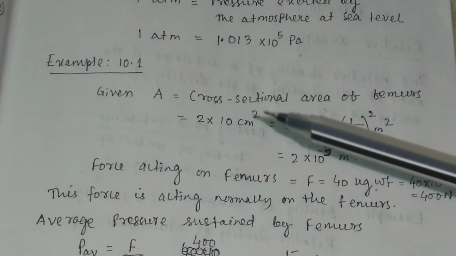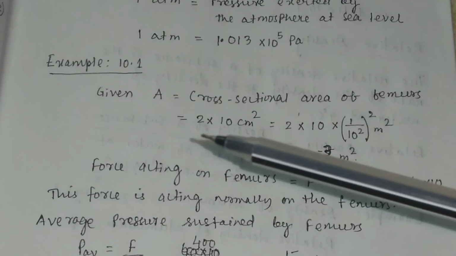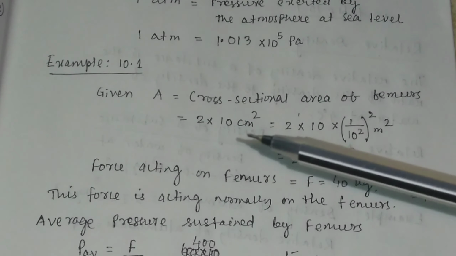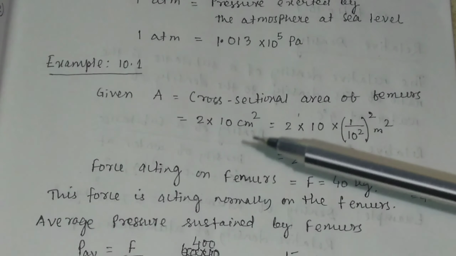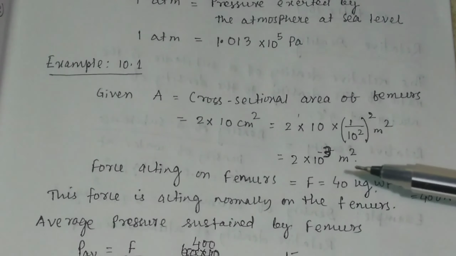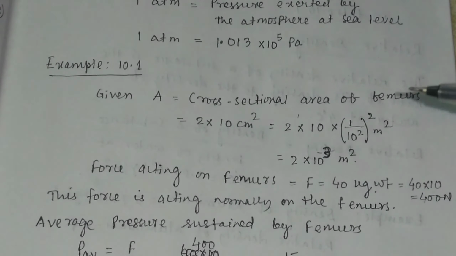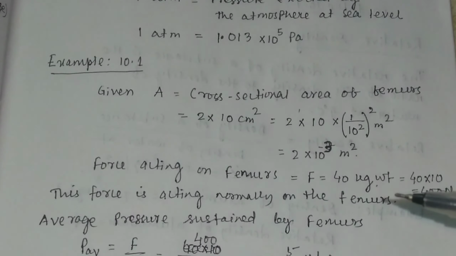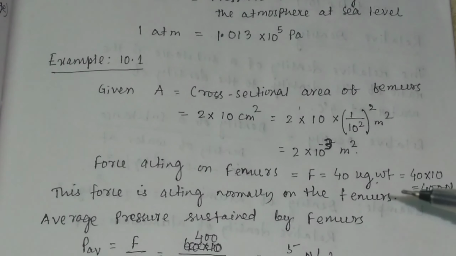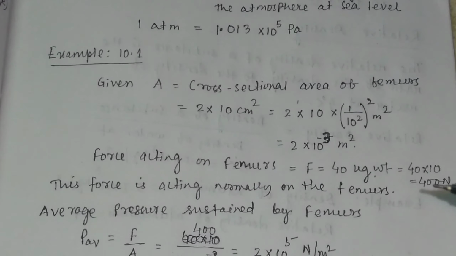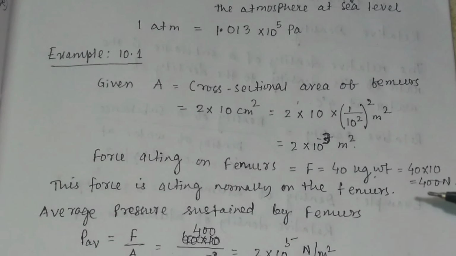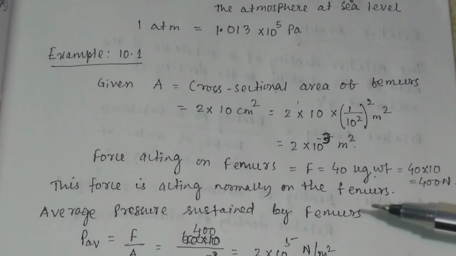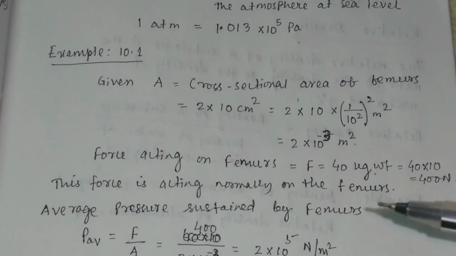The cross-sectional area of the femurs, A, is 2 into 10 centimeter square, so that is equal to 2 into 10 to the power minus 3 meter square, and the force acting on the femurs is the weight of 40 kg, that is 40 into 10, so it is equal to 400 Newton. This force is acting normally on the femurs.